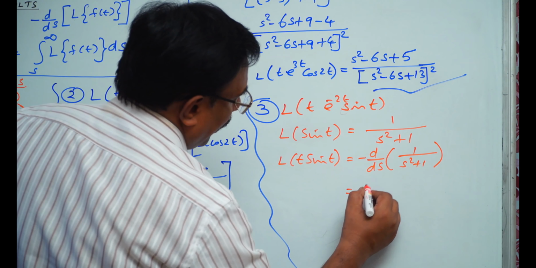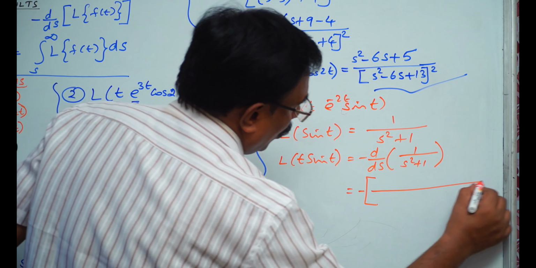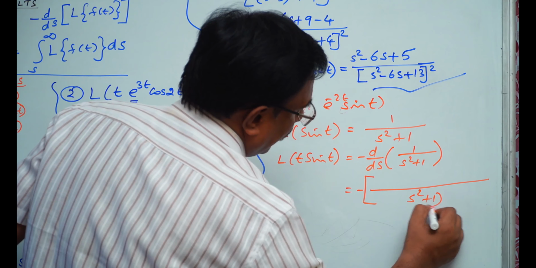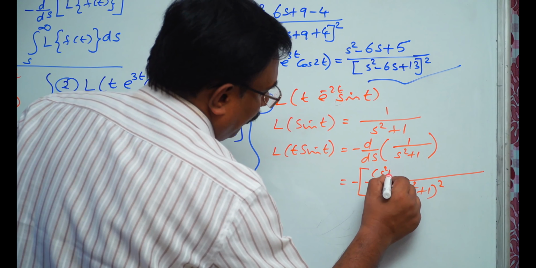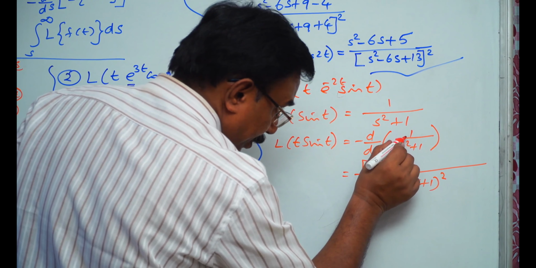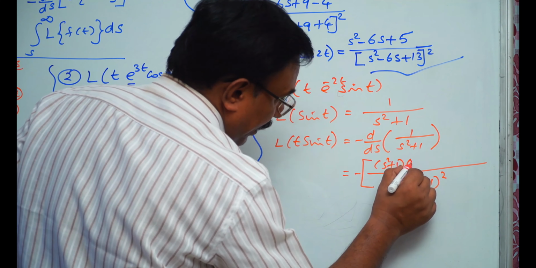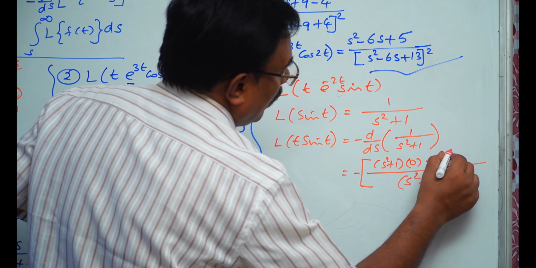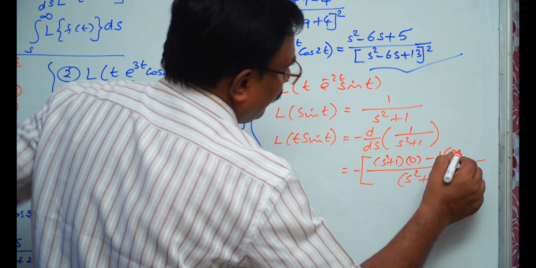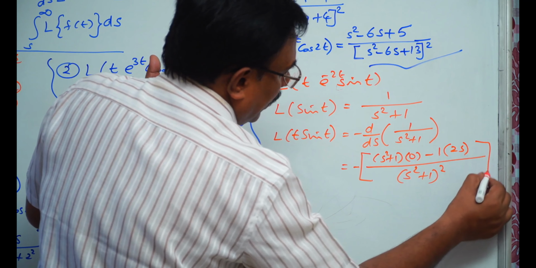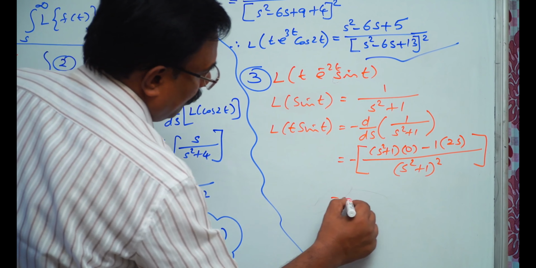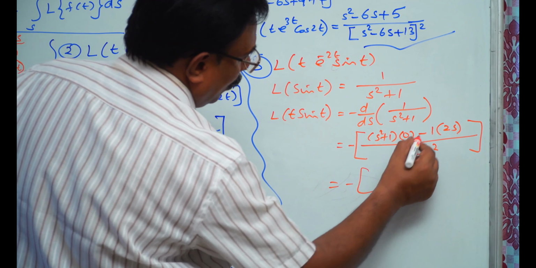Then, again by the u by v quotient rule, I can write the result directly even though I can explain the steps. S square plus 1 is v, the differentiation of u, which is 1, is 0 because it is a constant, minus 1 times the differentiation of s square, which is 2s, and the differentiation of 1 becomes 0. Then I can close the bracket, equal to minus 0 into anything is 0, minus 2s.